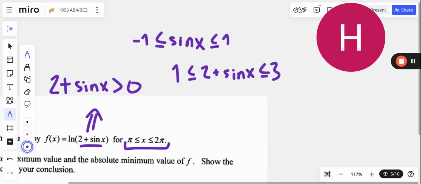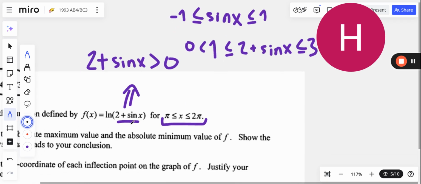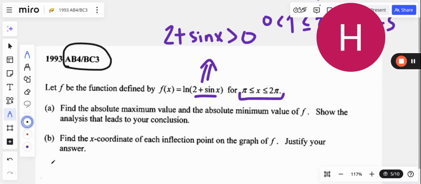So it's always going to be greater than 0. So 2 plus sine x is always positive, which means the ln of that is always defined.